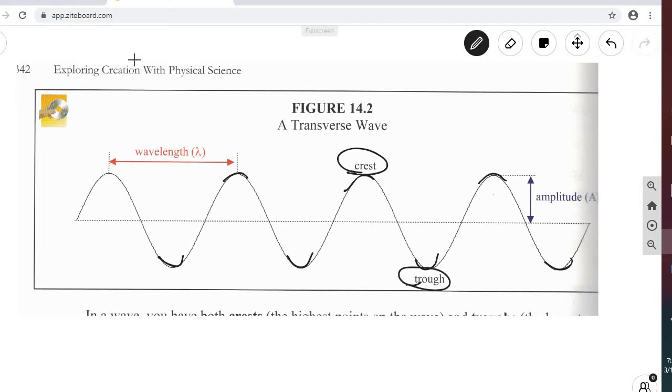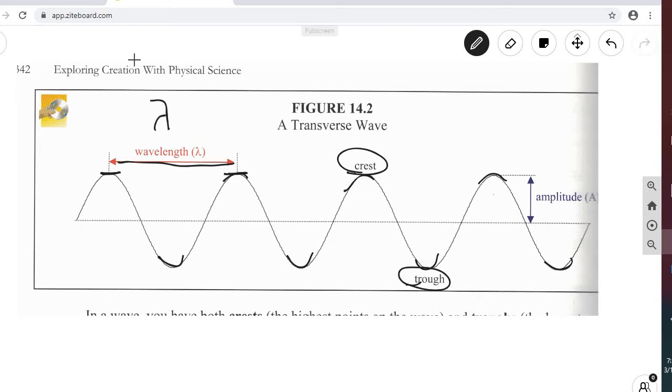And then the distance between one crest and the next crest is called the wavelength. And the symbol that is used for that is the Greek letter lambda.